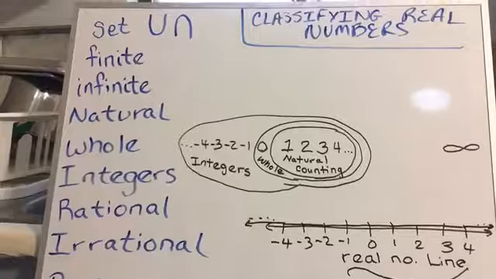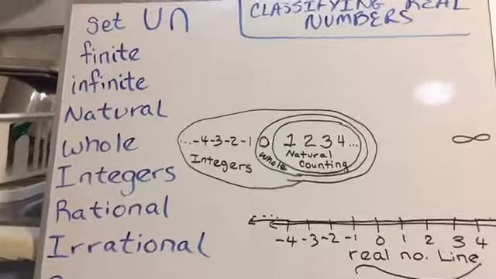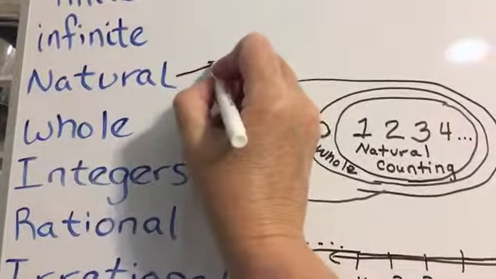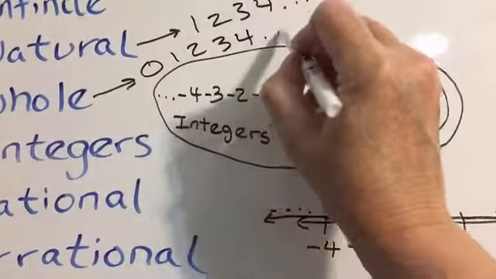Okay, here's our board again. We have talked about natural numbers. Natural numbers are our counting numbers, 1, 2, 3, 4, 5. Okay, we've talked about our whole numbers, which is our 0, 1, 2, 3, 4.